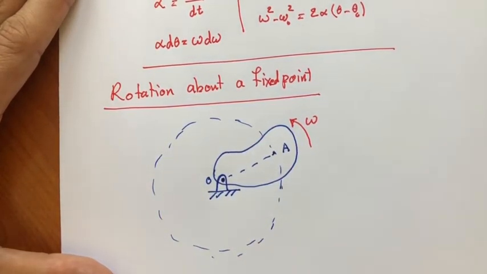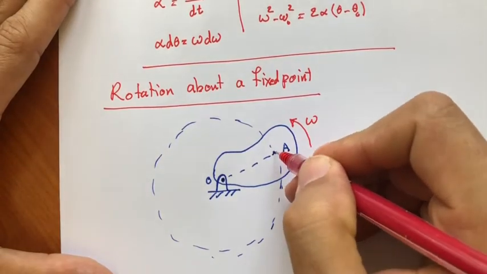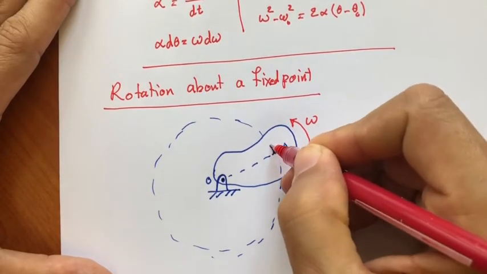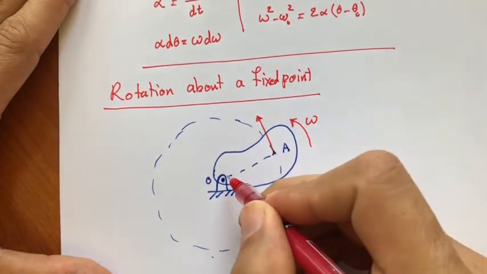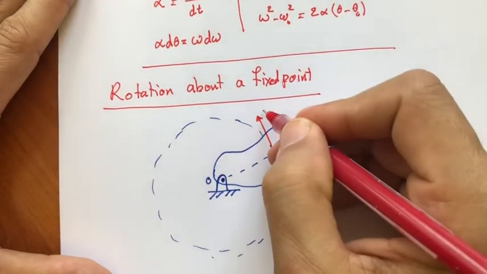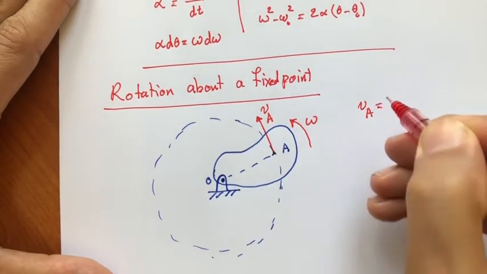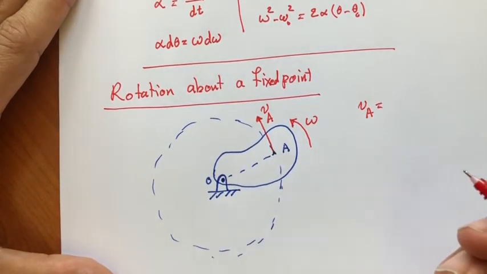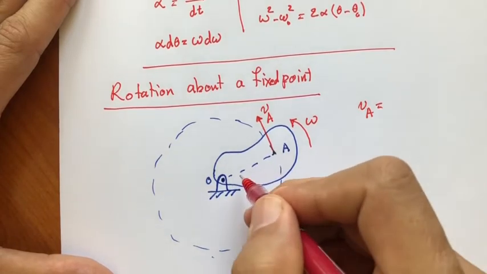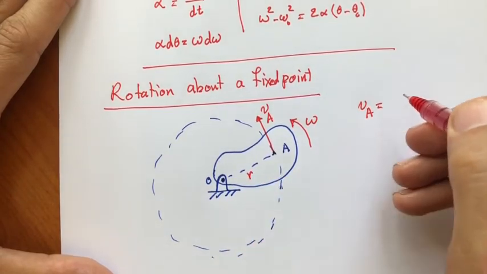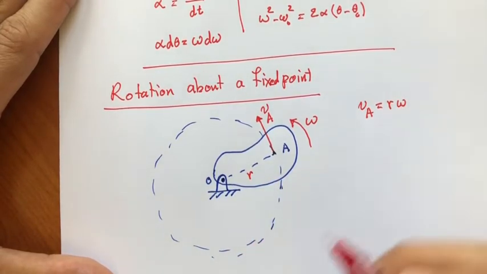And if you remember, for a movement on the circle, we know the velocity of this point is going to be tangent to the circle or perpendicular to the radius. And also velocity of A is going to be this distance times omega. So if I call this distance r, it's going to be r times omega.